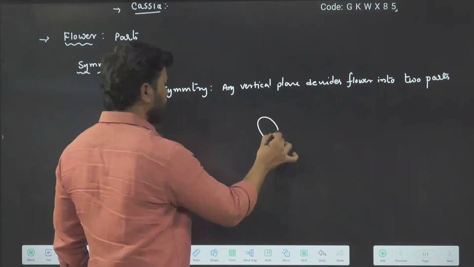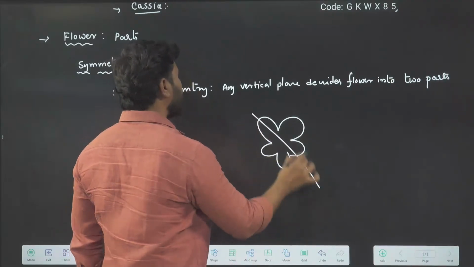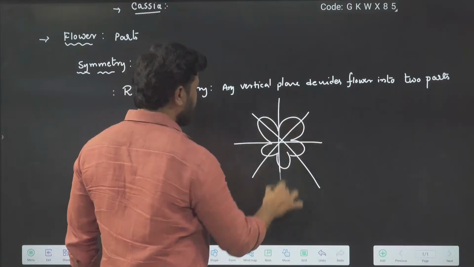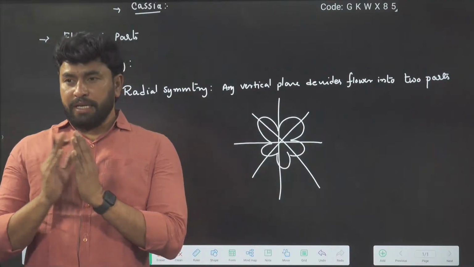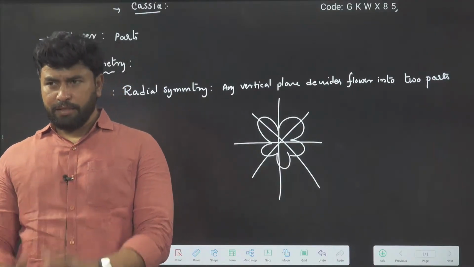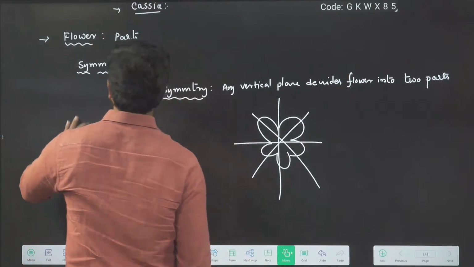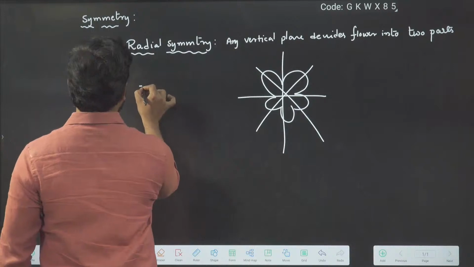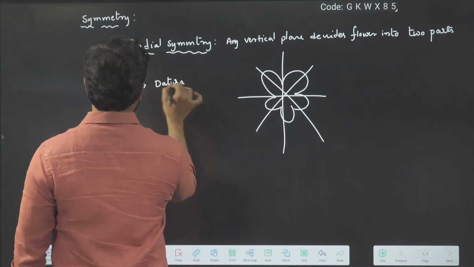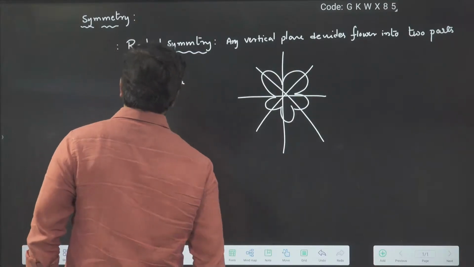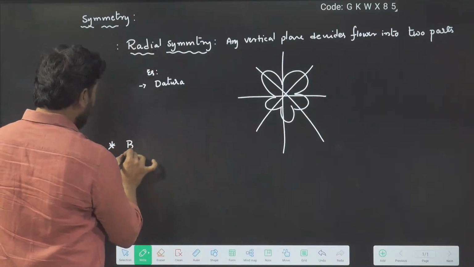For example, consider this one. You make any vertical plane, the flower is divided into two parts. Such an arrangement is generally called radial symmetry, or the flower is symmetric. Best examples of symmetric flowers are Datura, mustard, chili, and so many more. Radial symmetry is a common type of flower. Next one, bilateral symmetry.